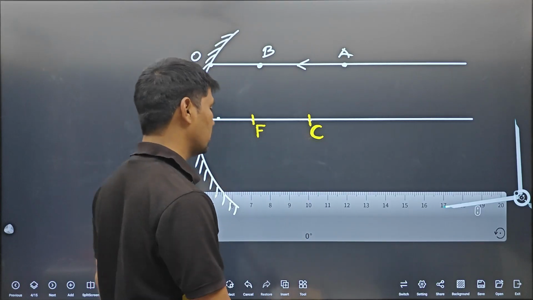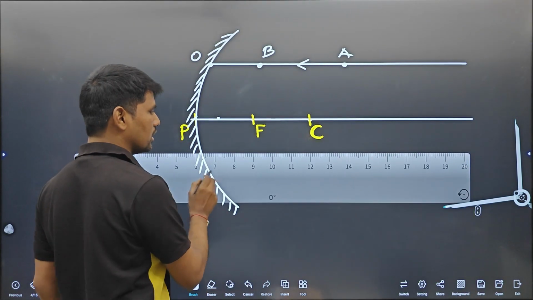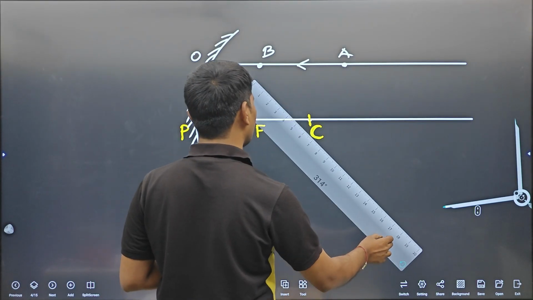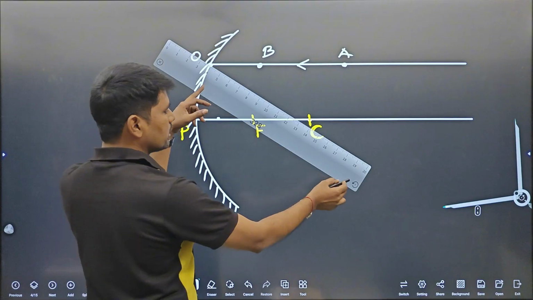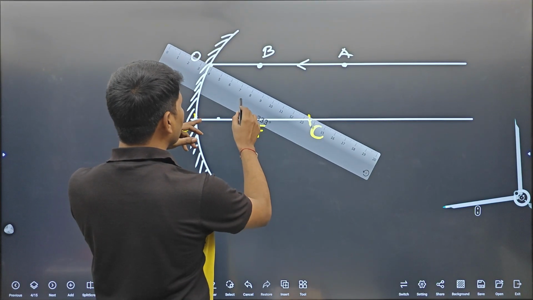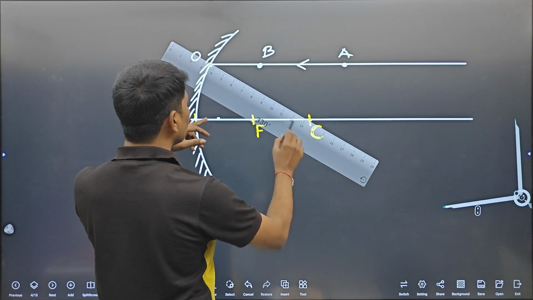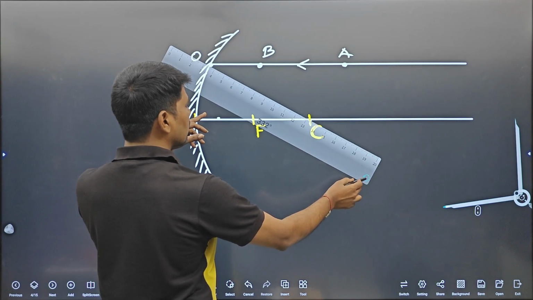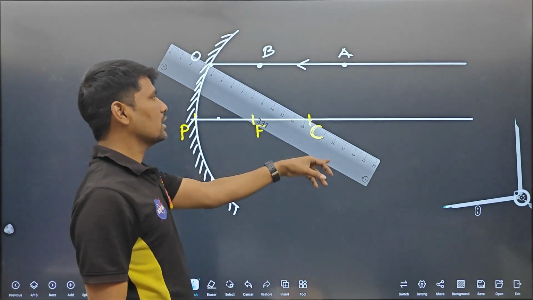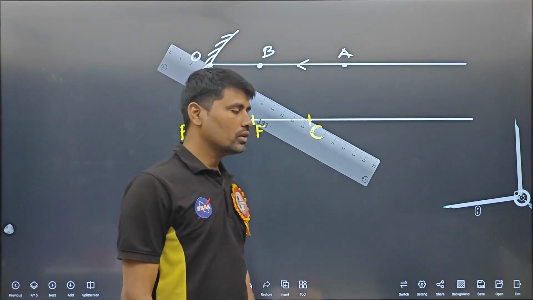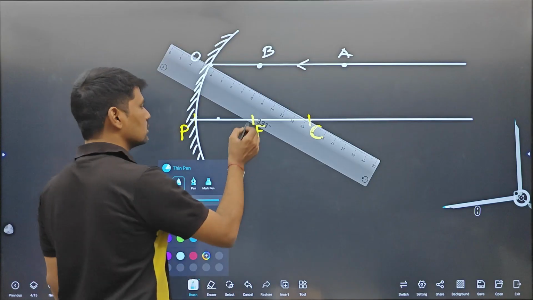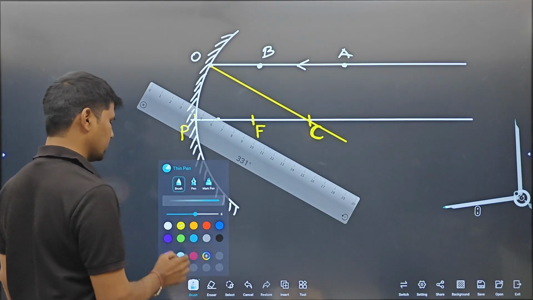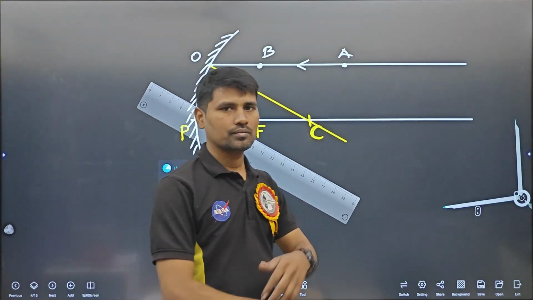We have to join the point of incidence O and the center. Then only we get the normal. See, this is the normal.